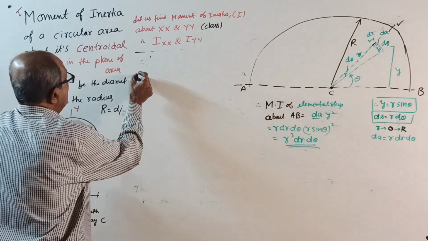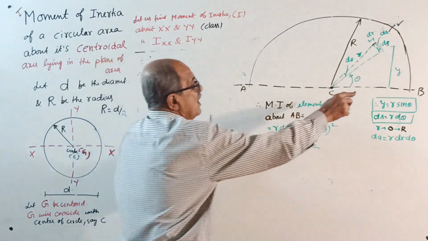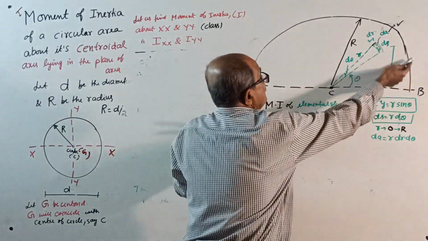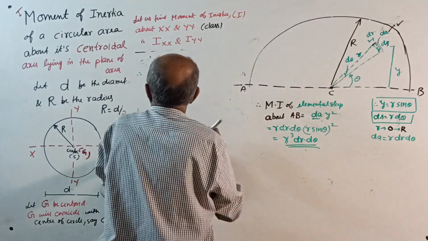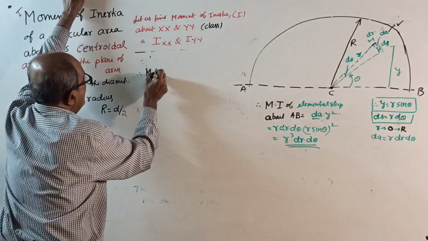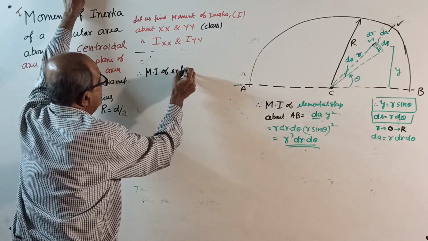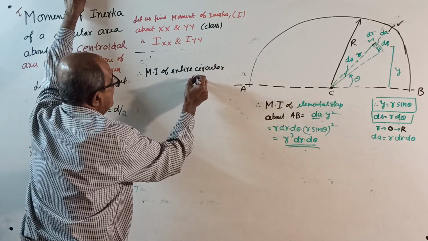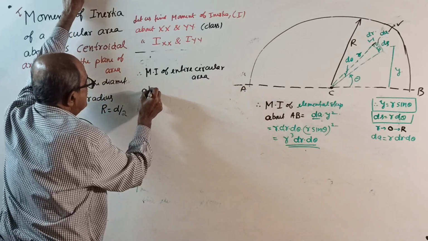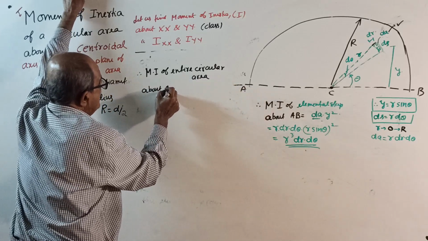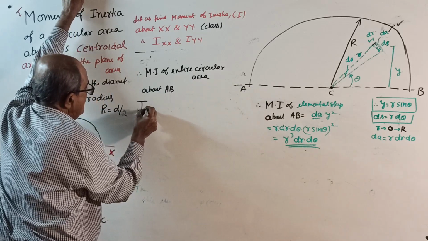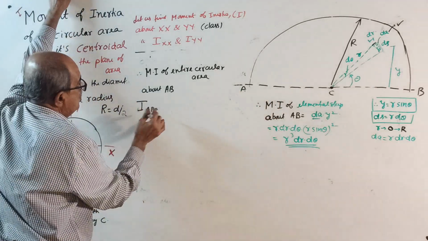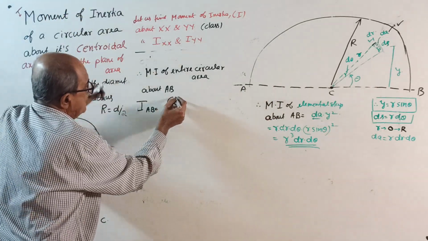Therefore, we are now doing the question for a circle. You see in the sketch, a full circle should be there. I removed it. Therefore, moment of inertia of the entire circular area about AB, that is I_AB for a circle, where AB itself is the x axis, equals double integration.